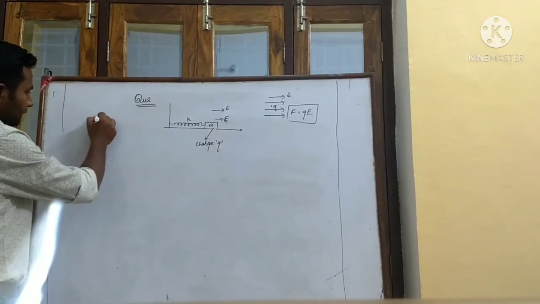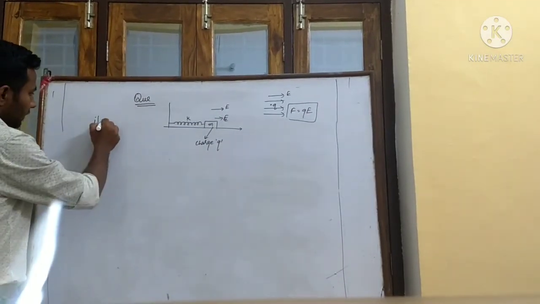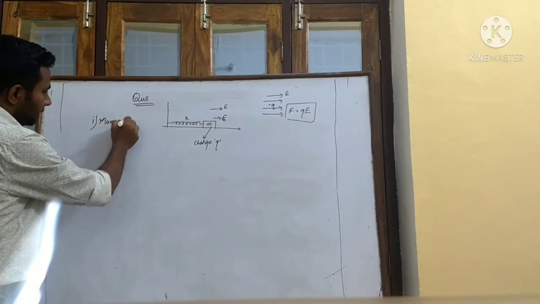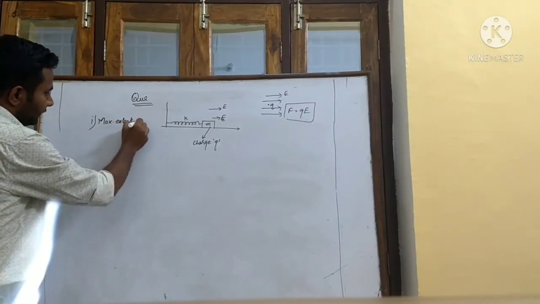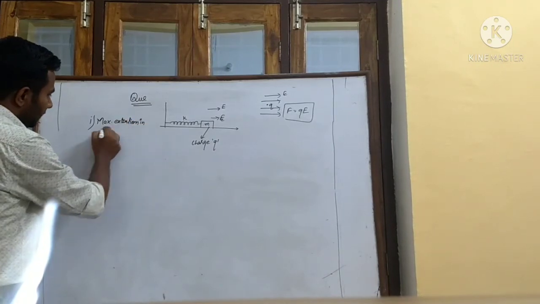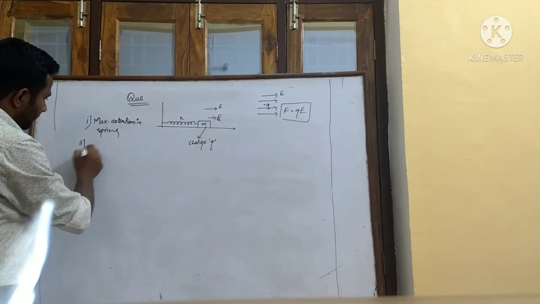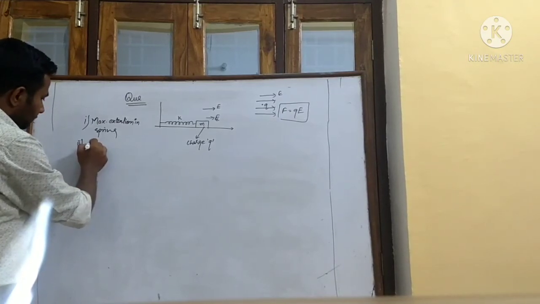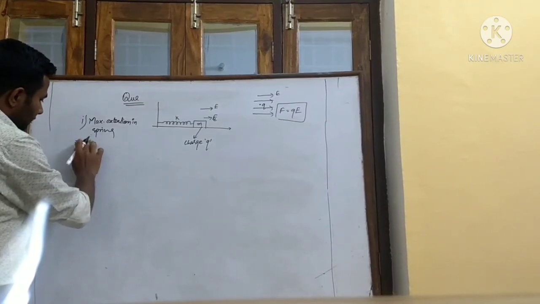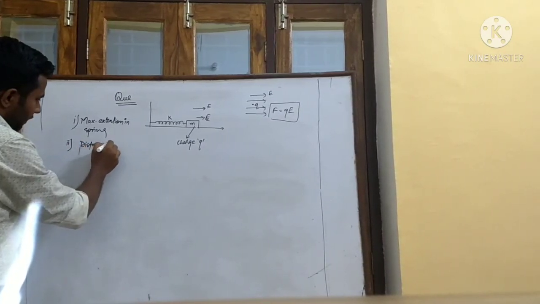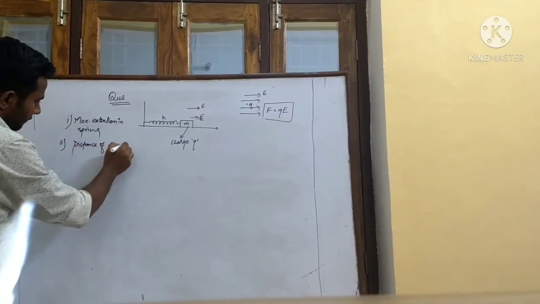The question is, find out the maximum extension in the spring. Second, the distance of the mean position.